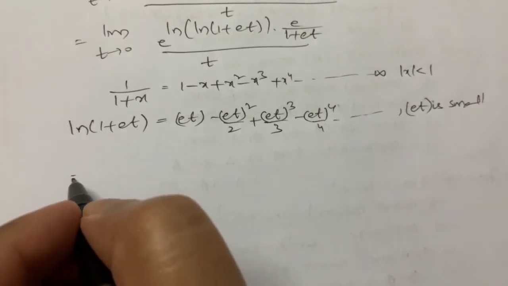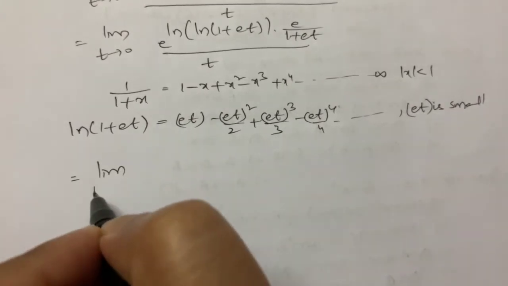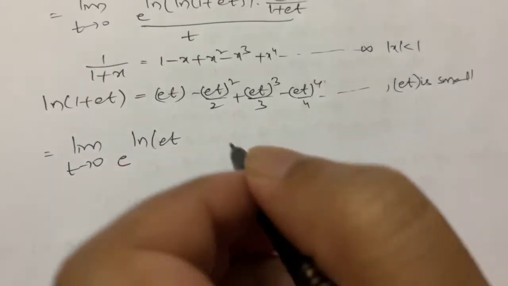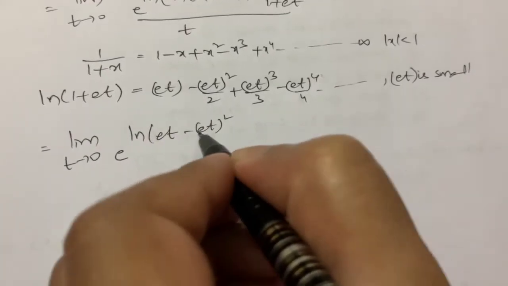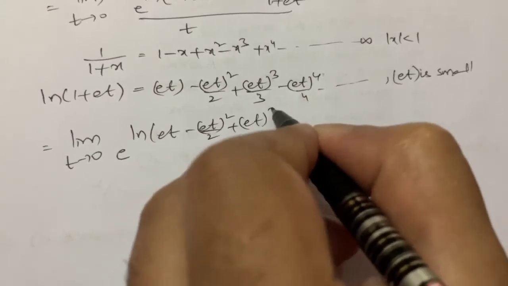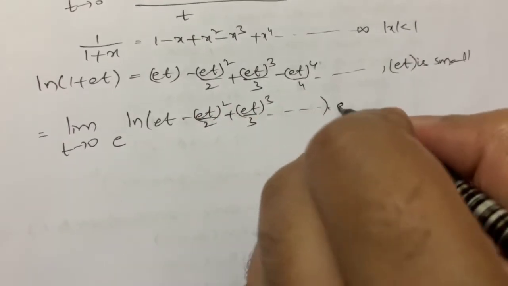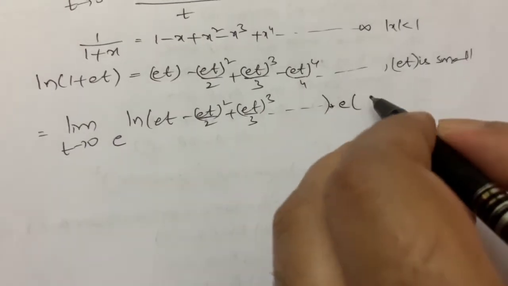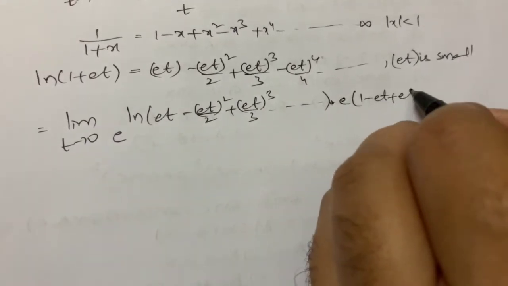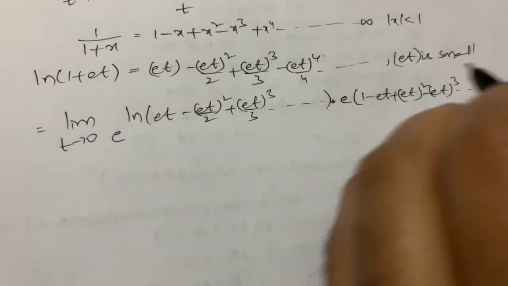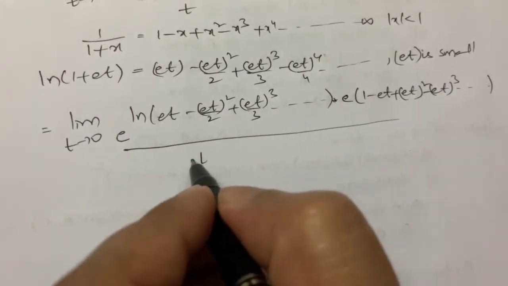If we substitute that here, the limit as t tends to 0 is (et − (et)²/2 + (et)³/3 and so on) into e into (1 − et + (et)² − (et)³ and so on) by t.